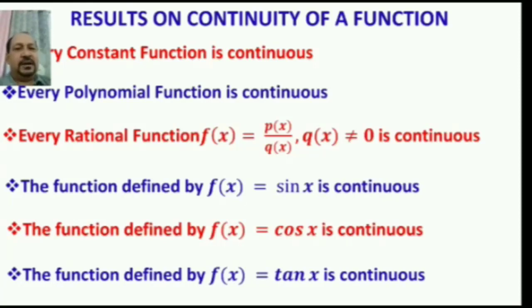You can use these results in questions without proof, giving the reason that since constant function, polynomial function, sin x, cos x, tan x all are continuous, then you can use these results in the question.